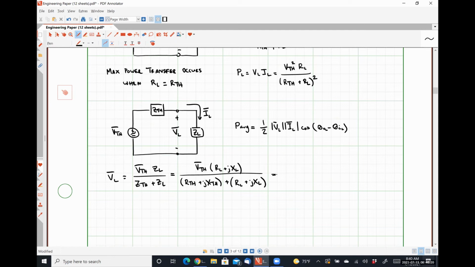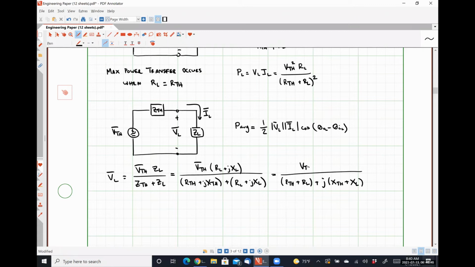And what I can do now is group all my real parts together and all my imaginary parts together, which is going to leave me with a denominator of RTH plus RL plus j times XTH plus XL.